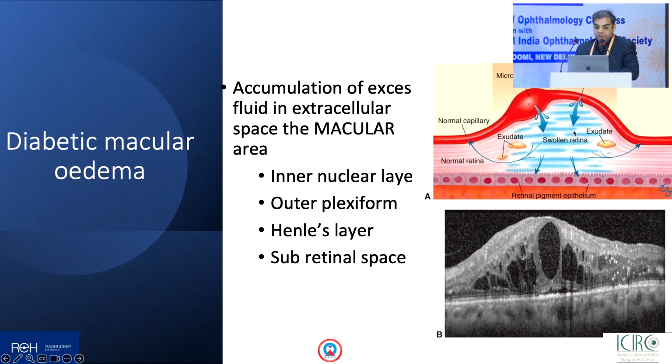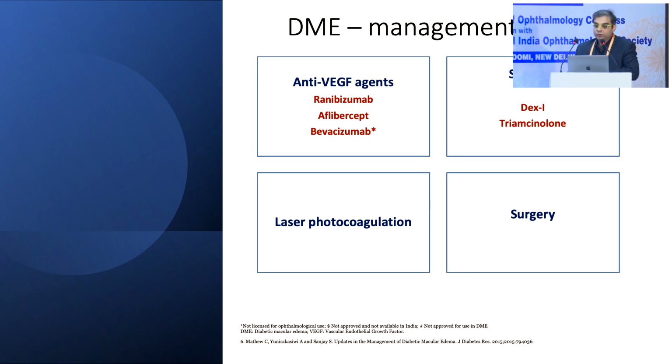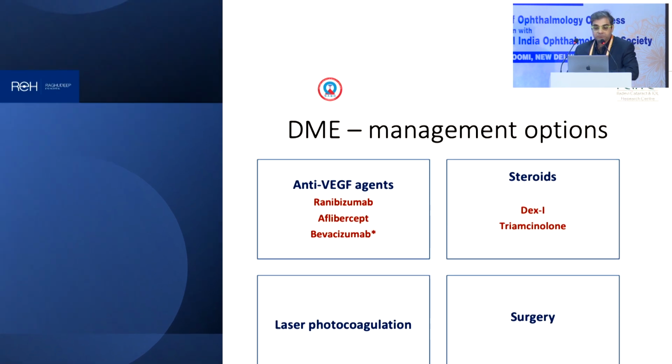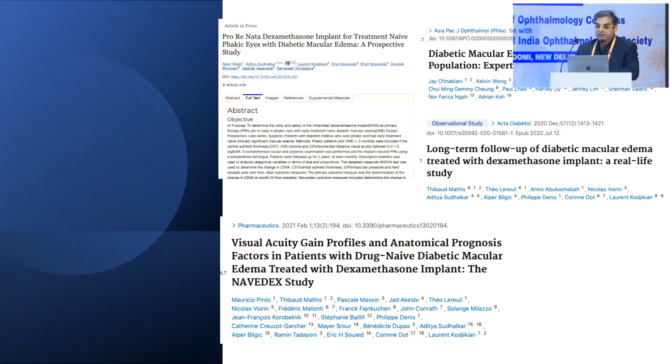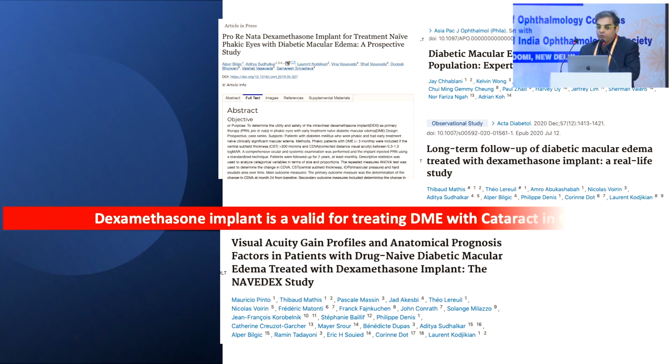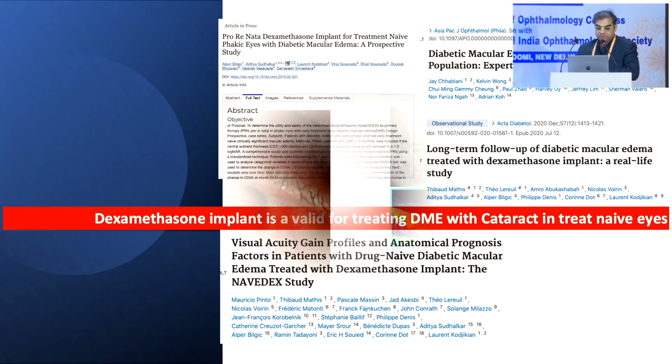Again, we are not going into the theory part, and as most of you are aware of the DME management options, intravitreal injections are the most popular and widely used modality of treatment. Let us see some real-world scenarios now. Our team was also involved in the trials related to the dexamethasone implant, and it has been concluded that the dexamethasone implant is a valid treatment option in patients with diabetic macular edema in treatment-naive eyes.